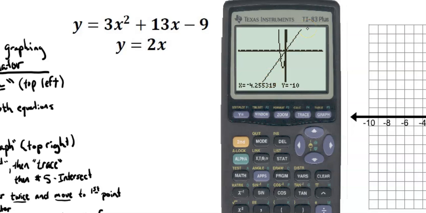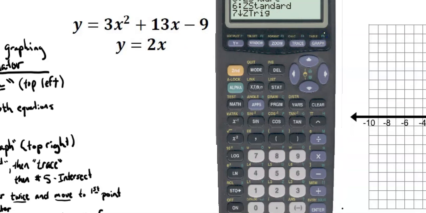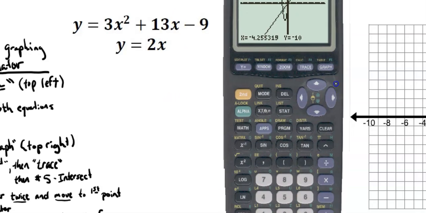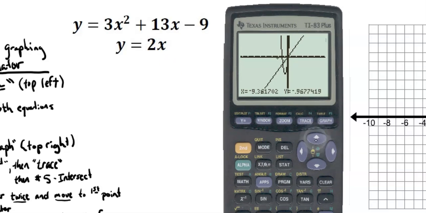Another useful tool is to go to zoom and use the Z-box function. And you have a little blinking cursor that you can move so that you can focus on the parts.